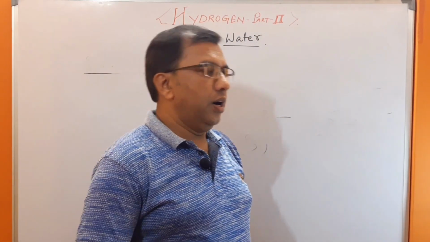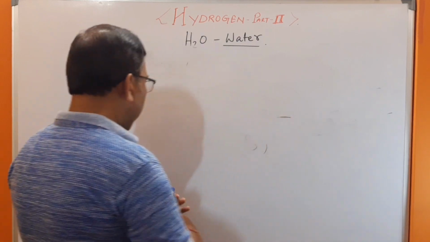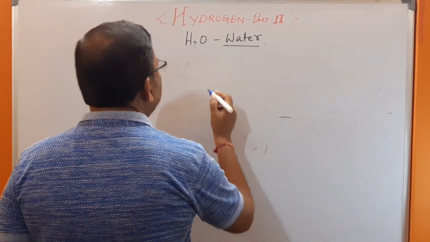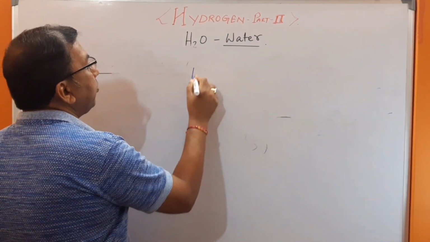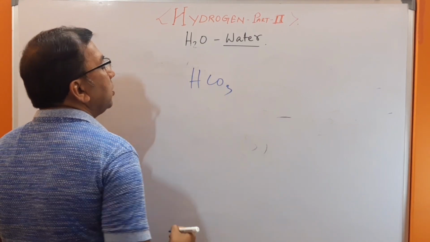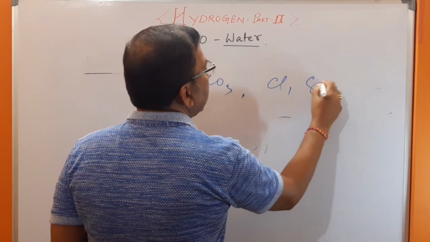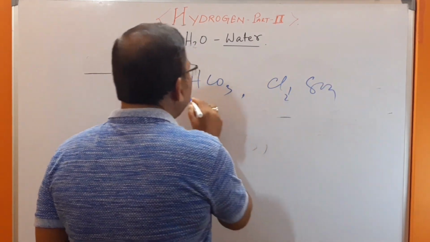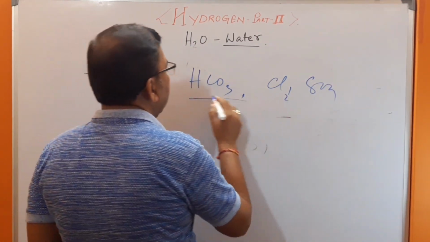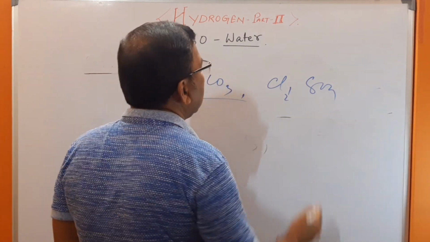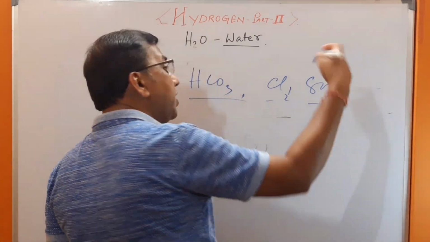Hardness is due to the presence of bicarbonate salt, carbonate salt, chloride salt, sulfate salt, of what?